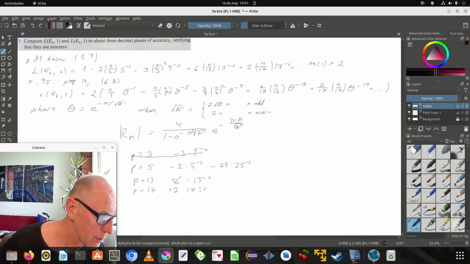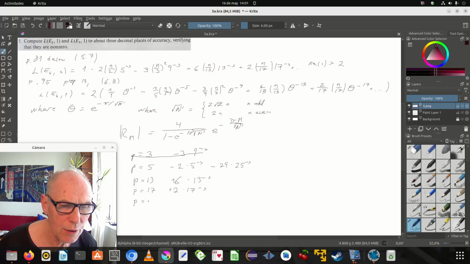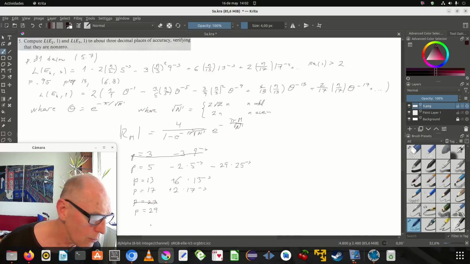This is what they did. Then 19 gives nothing. Then we have p to 23, 25, 27, then 29. This is equivalent to 3 modulo 4, so that gives nothing, only the square. So this is the only new guy we get.